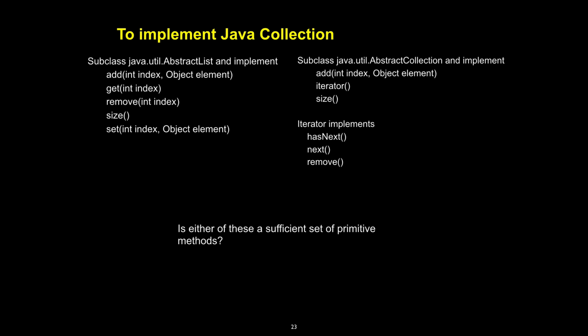Meaning that is a set of the primitive operations, and it's sufficient to implement all the other ones we need. It's not enough, we want more, but it's a sufficient set of primitive operations for these particular classes.